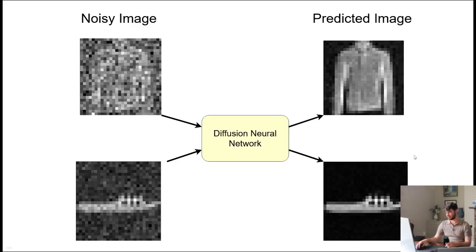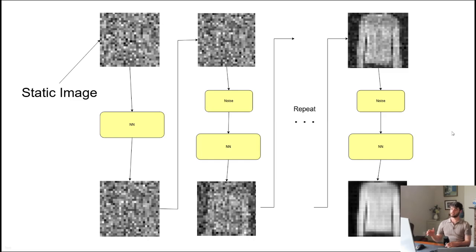Then, once we think we've trained this neural network sufficiently, what we can do is we can take complete static noise, and because it's so overfit to the images that we fed into it, if we keep feeding this static or the outputs of it into our neural network and then keep adding noise and then keep feeding it through the neural network, eventually it'll hallucinate a distinct image under the static.